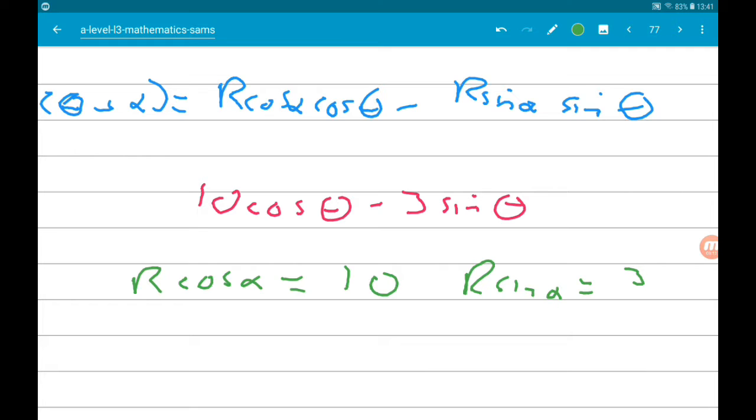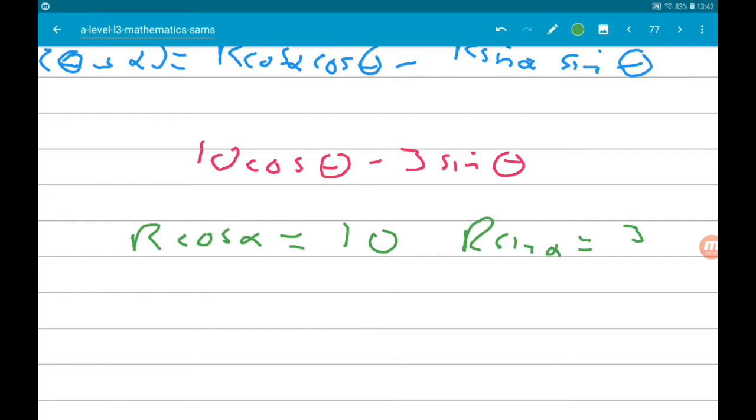Now from that we can say that r squared sin squared alpha add r squared cos squared alpha is 10 squared add 3 squared.